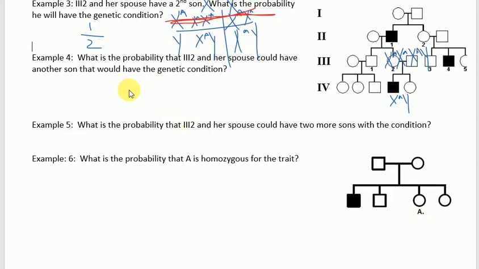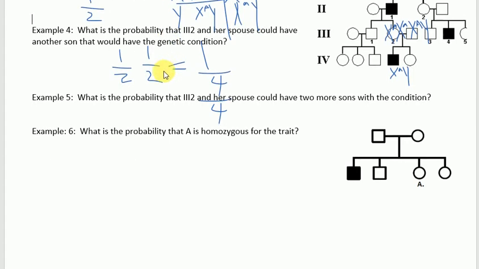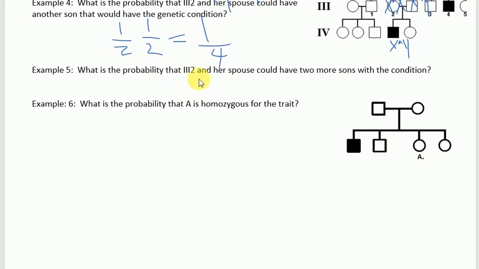But you have to multiply the two probabilities. So your answer would actually be 1/4. Next example, what is the probability that 3, 2 and her spouse could have 2 more sons with the condition? Well, we already know that here we've got a 1/4 chance, so 1/4 times 1/4 would be 1/16.